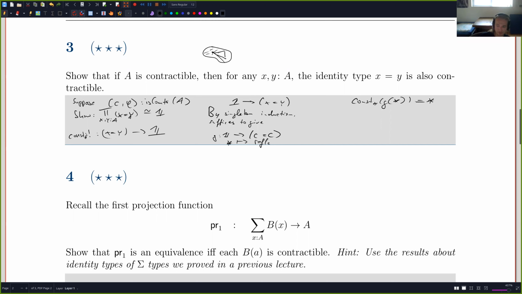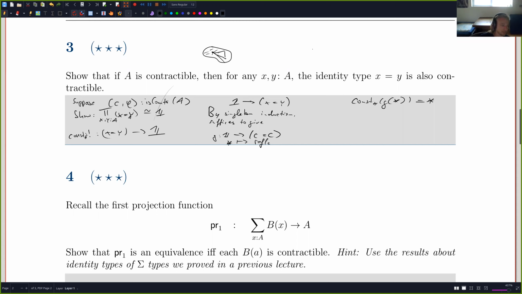We can prove this by a singleton induction or anything, but a more elegant argument, I would say, is to use that the unit type is a proposition, so any two elements of this are equal a priori, and so these elements here have to be equal. Once I have a center of contraction, any element may be chosen for a center. Yes, that's correct.